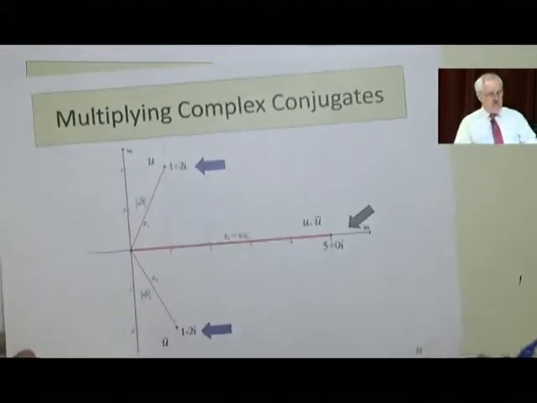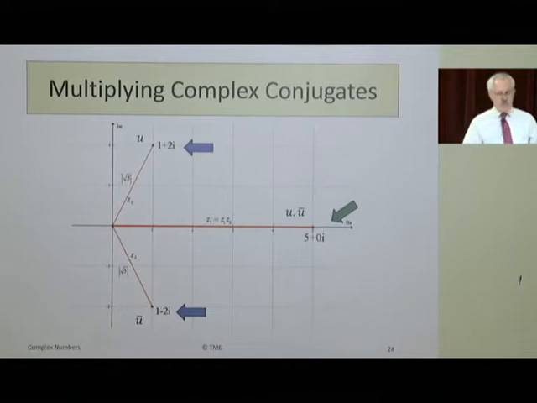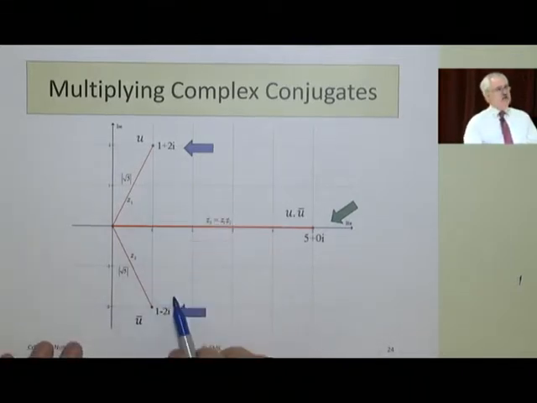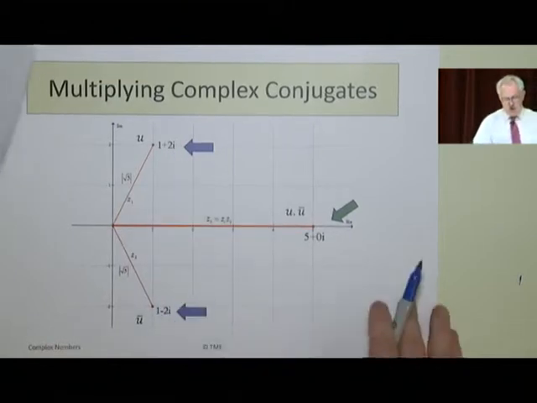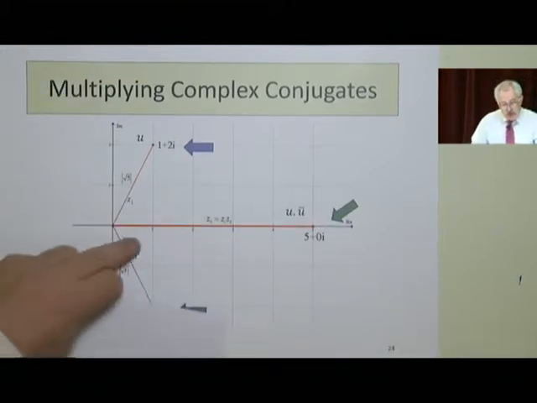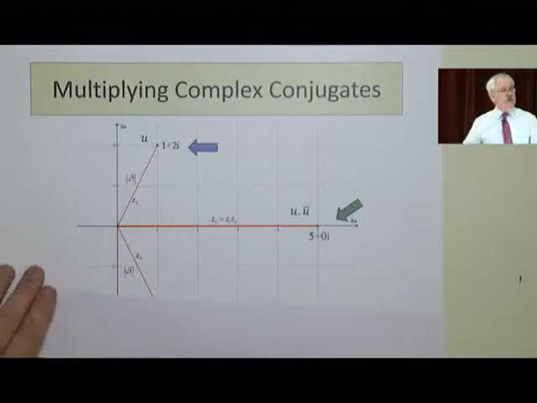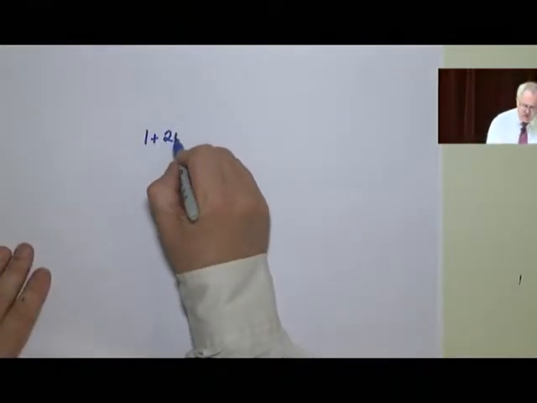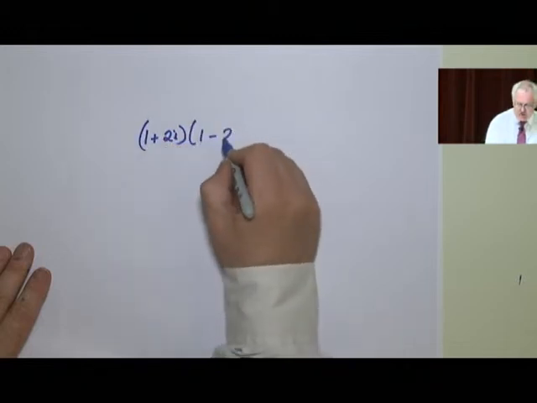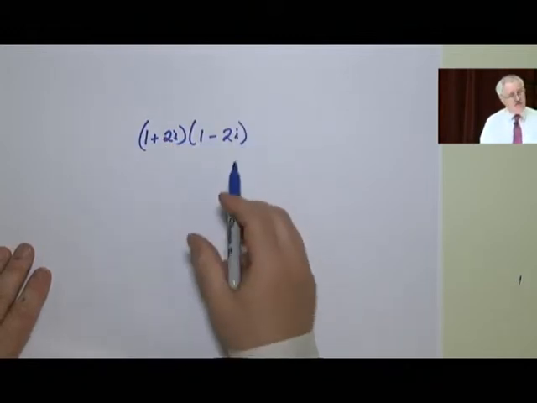This is more impressive, I think. You've got complex conjugates, and we're going to multiply them by each other. 1 plus 2i and 1 minus 2i, and they actually end up on the real line as well. So let's see why that would be. 1 plus 2i by 1 minus 2i. Well, we do the FOIL method.